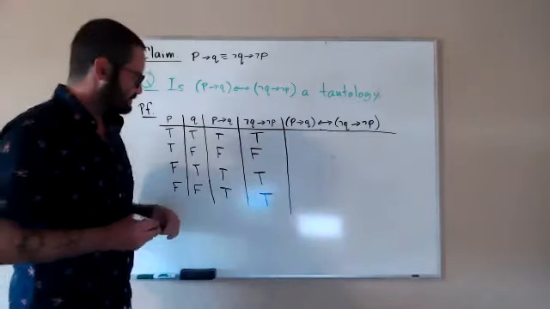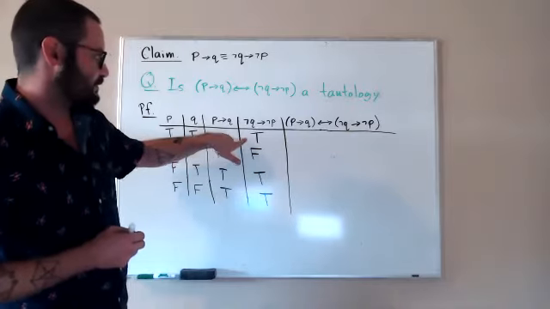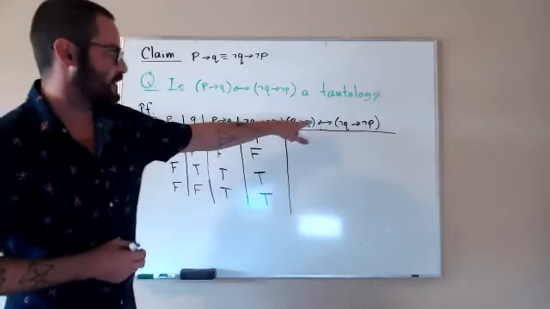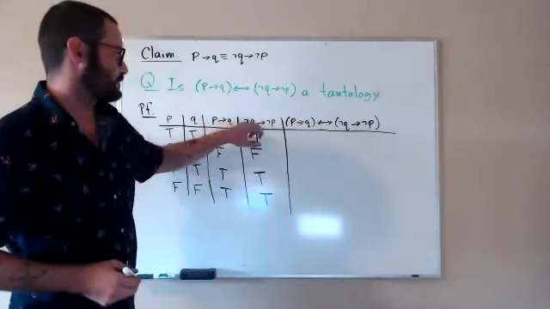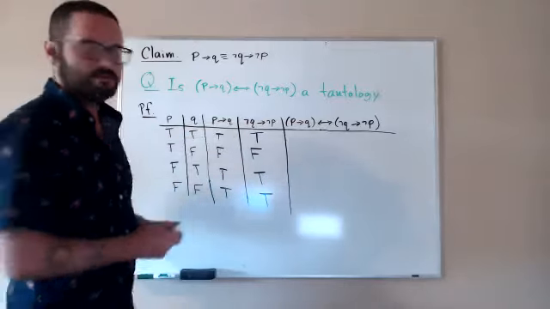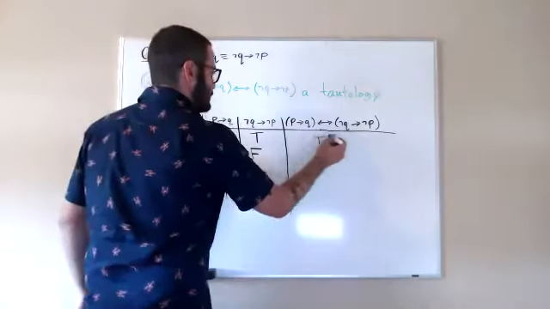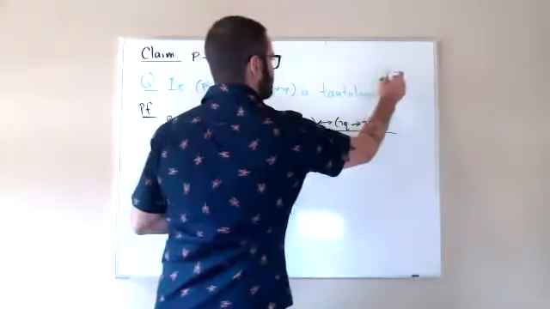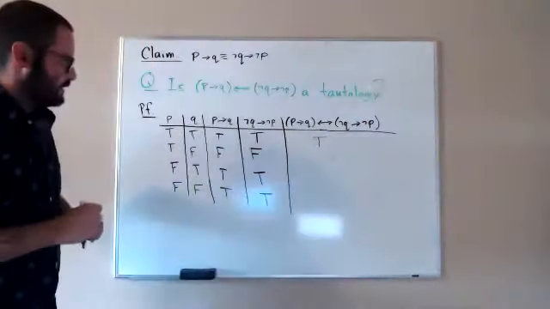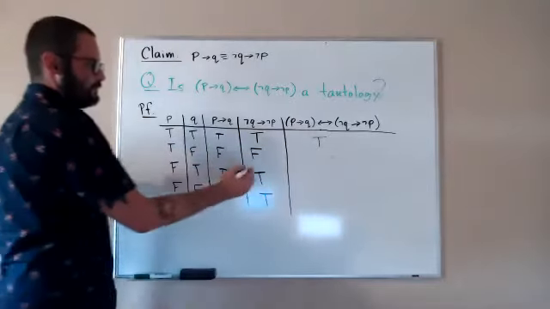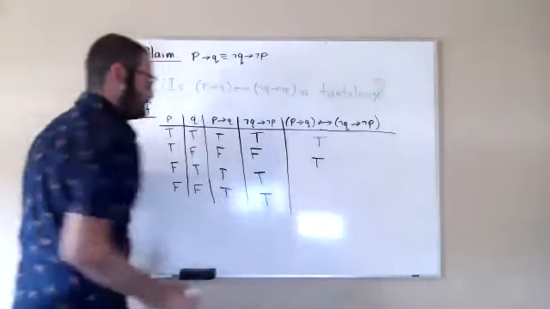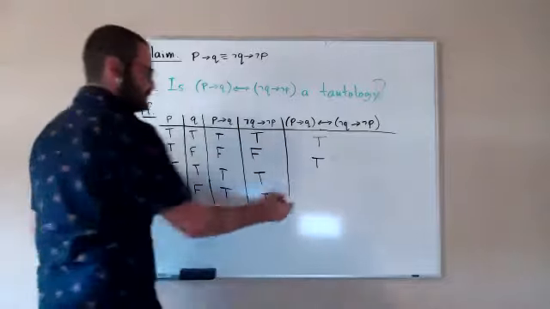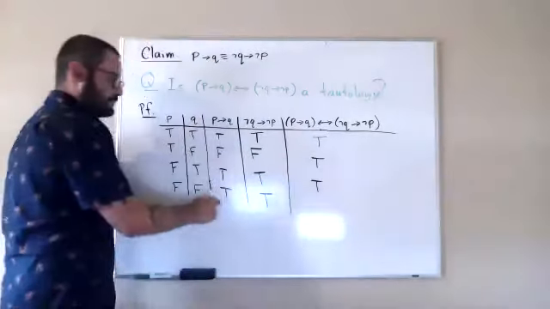Well, here, true if and only if true, because we're looking at that, if and only if that. So true if and only if true, true. False if and only if false, true. True if and only if true, true. True if and only if true.